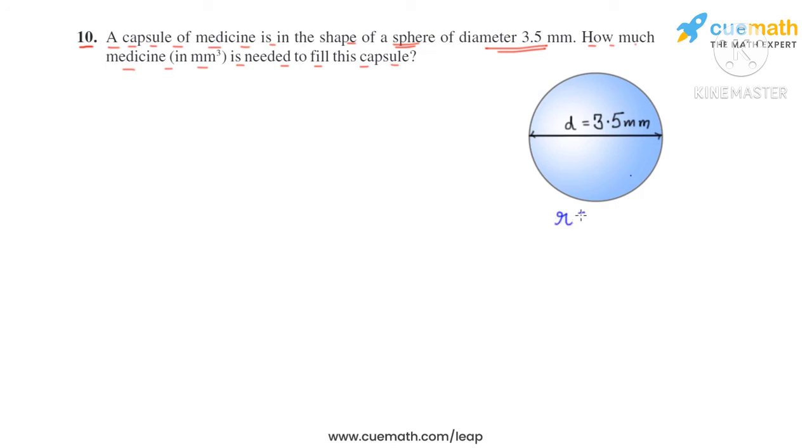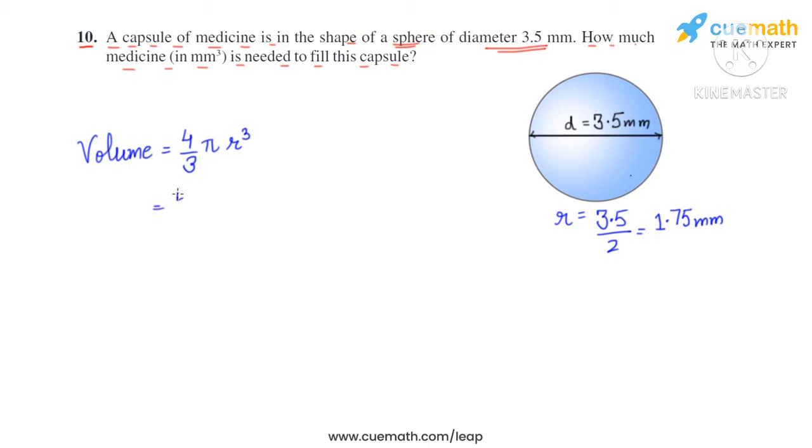So first we will find the radius. Radius will be half of 3.5, that is equal to 1.75 millimeters. Now let's find the volume, because volume will be equal to the amount of medicine that needed to be filled in that capsule. So volume is 4 by 3 pi r cube.